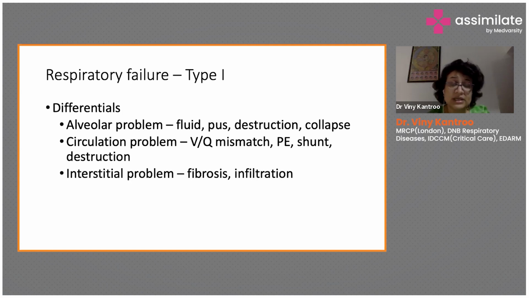Very commonly, it is seen in pulmonary embolism, left to right shunt related to the heart, and destruction of the blood vessels, which happens in certain cases of chronic respiratory failure, where an increased amount of tissue accumulates inside these blood vessels, leading on to pulmonary hypertension. Or, on the other hand, it could be an interstitial problem, which could be due to fibrosis or infiltration of inflammatory cells and markers.